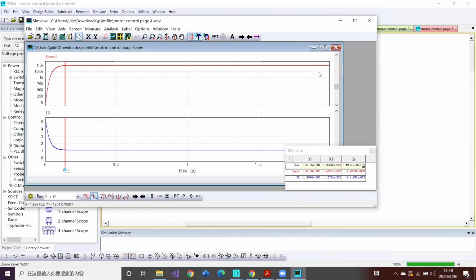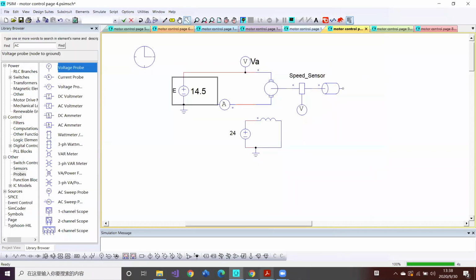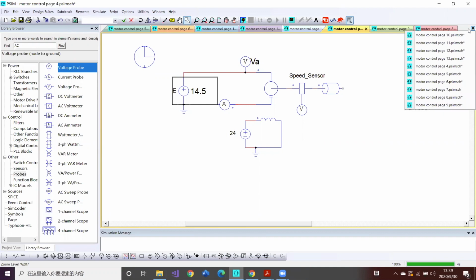So step 2, open your file for DC motor figure 4, and let me find my model.